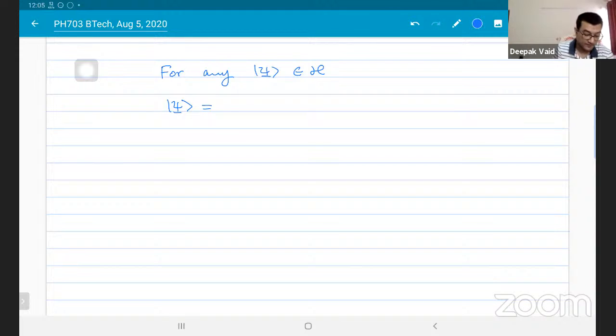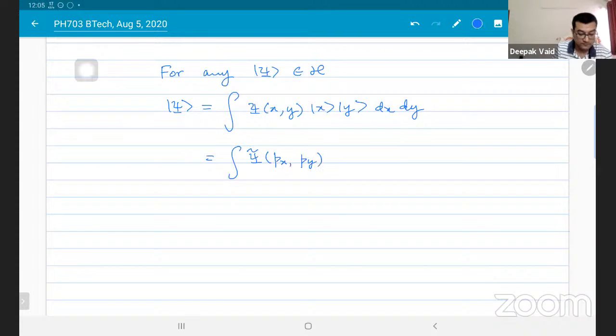So for example, I can write any state in the position representation like this. But I can also write down the same thing in the momentum representation.